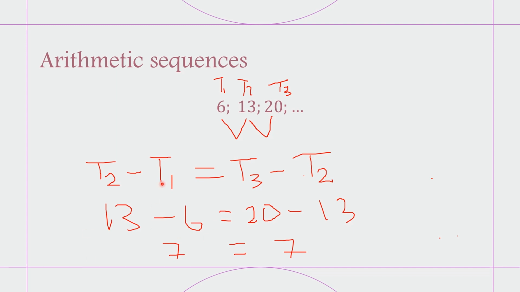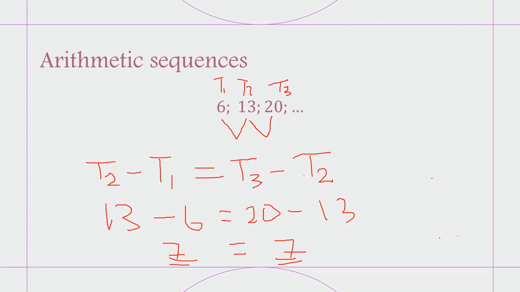So now we can see the difference between term 2 and 1 is 7, and the difference between term 3 and term 2 is also 7. So the difference between two consecutive terms is constant, is equal. That means the sequence is an arithmetic sequence.